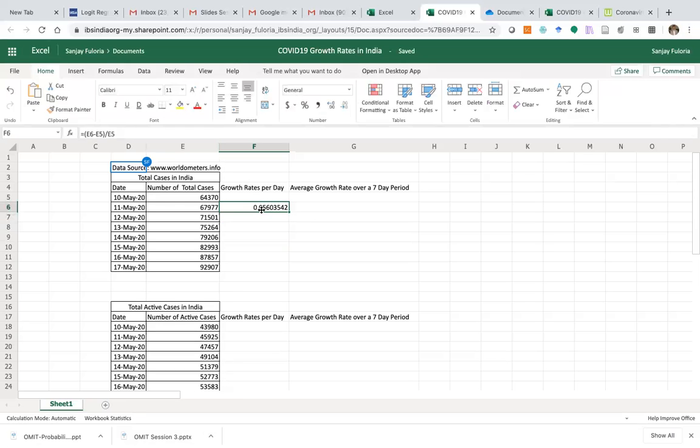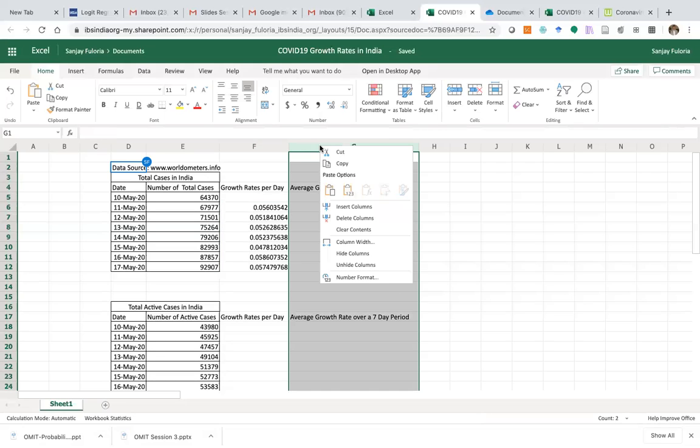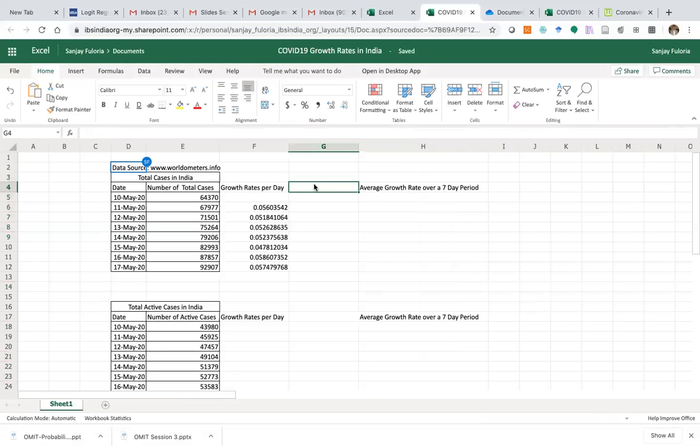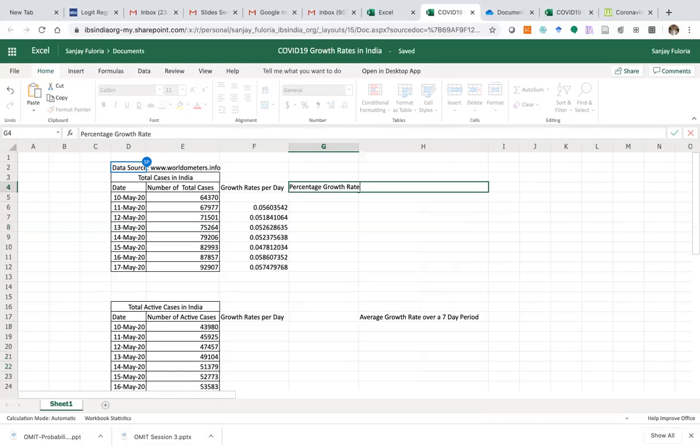So this is a number, we'll just drag this number for all of them and we'll get the growth rates per day. So let's have another column here in between. Let's call it percentage growth rate per day.